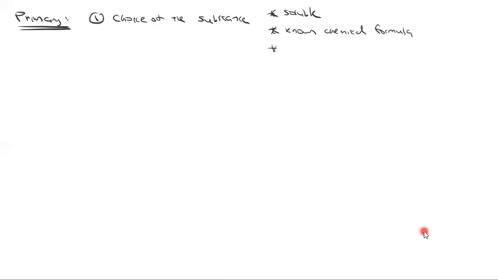But basically, considerations include, it starts with the choice of the substance. You can't just pick anything. There are multiple considerations you need to understand. It clearly has to be very soluble, obviously. It needs to have a known chemical formula, which seems quite obvious, but you might not know the chemical formula for everything in real life. You must also be able to obtain it with high purity, which again can cut things down.